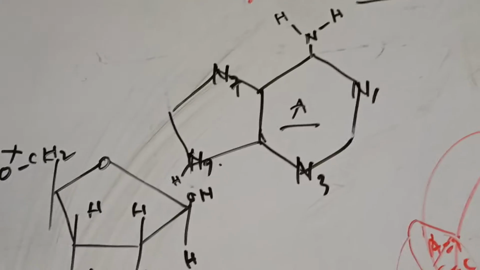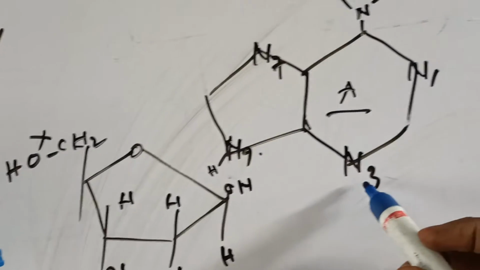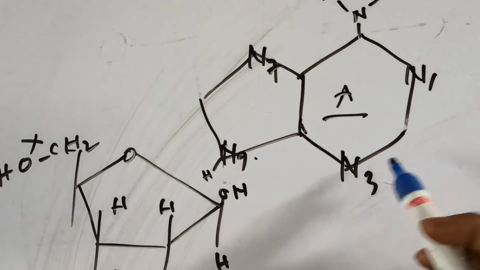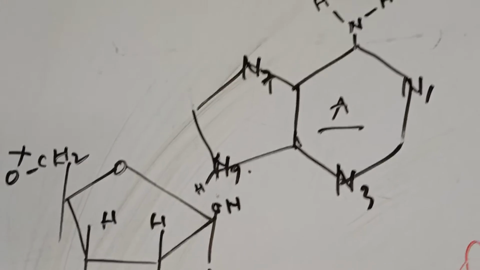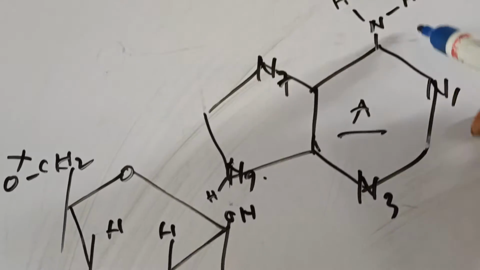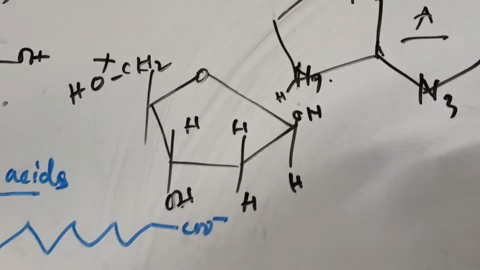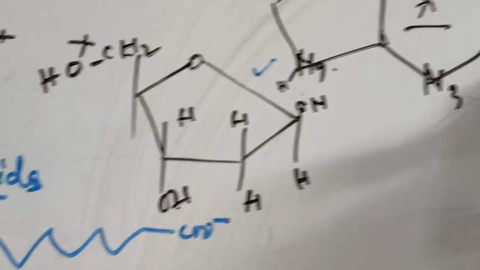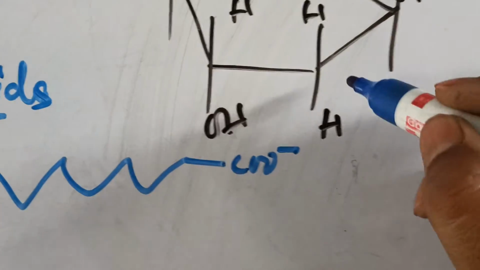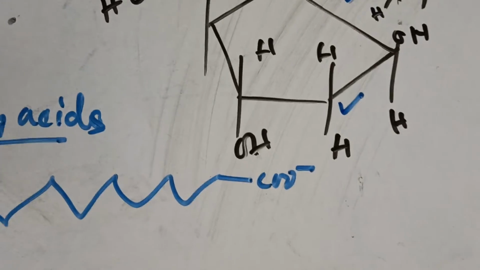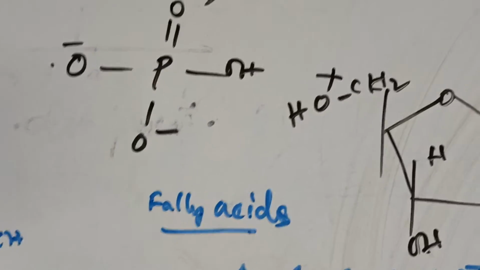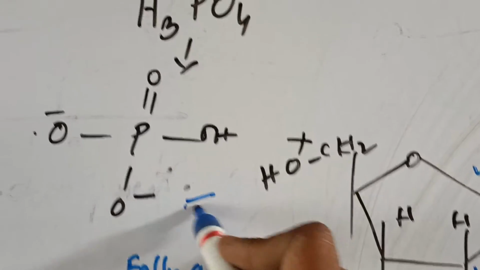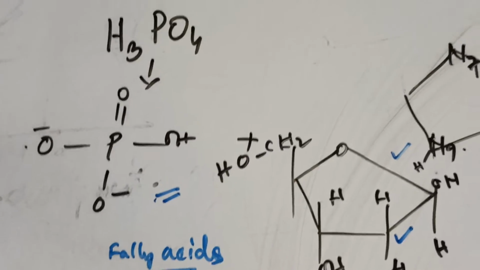Purine, as you can see, has a six membered ring, carbon and nitrogen, and another five membered ring. Both have this amino group, and up to this is adenine, and then you have deoxyribose sugar. This is deoxyribose sugar as 2 prime deoxy, and then the phosphate group. From the phosphoric acid, this will attach.